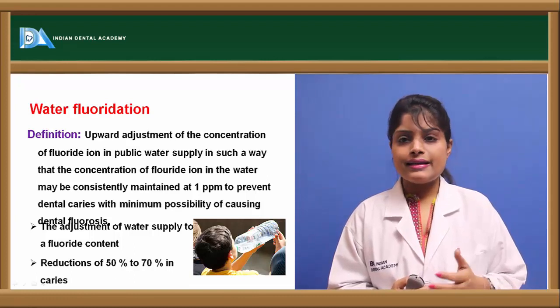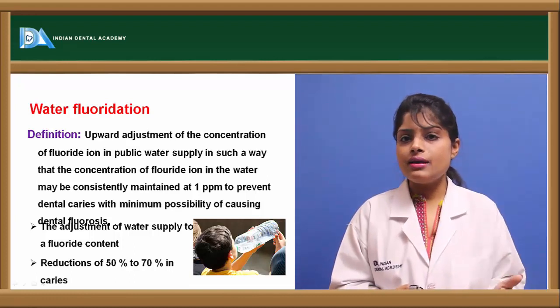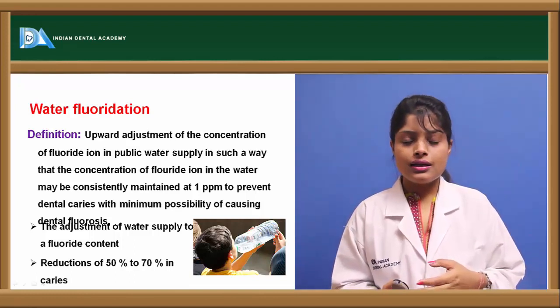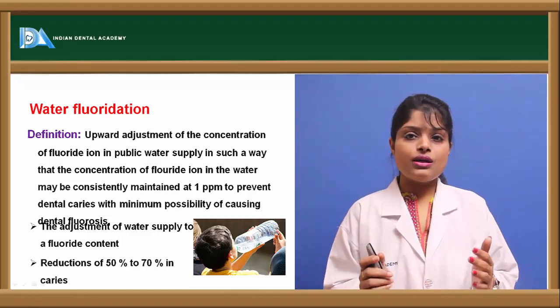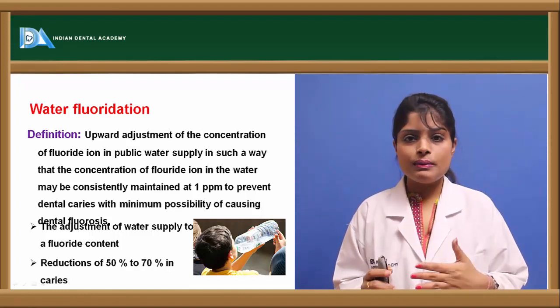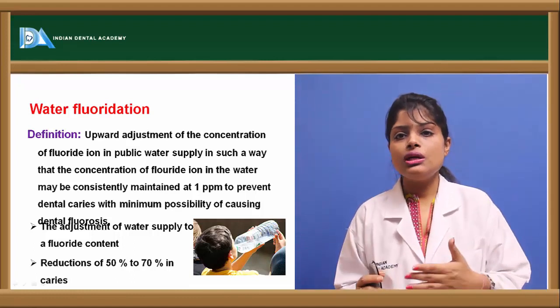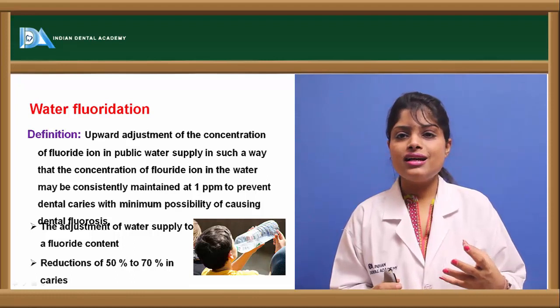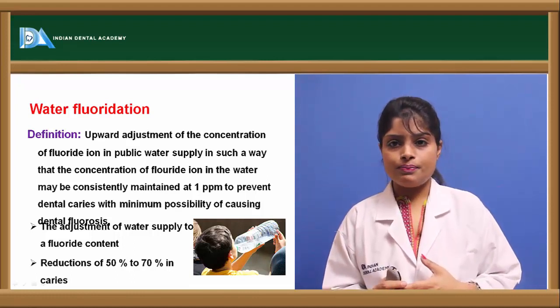He found that if the level of fluoride in the water was greater than 4 ppm, it led to discrete pitting of enamel, or mottled enamel. Lower than 4 ppm, that is 2 to 3 ppm, will show diffused whitish discoloration of the enamel.